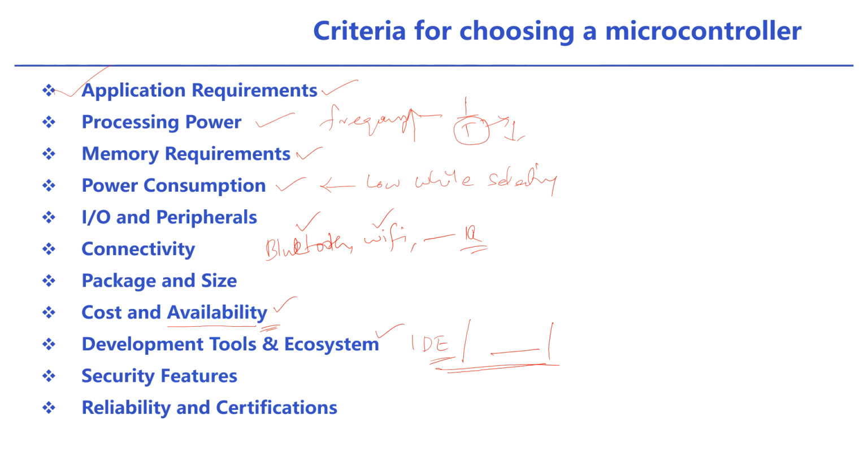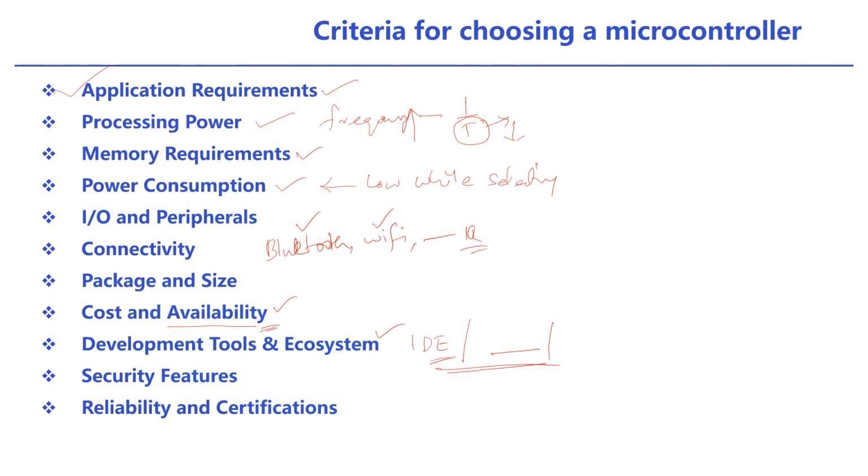This reliability and certification is related to operating conditions, and certification is nothing but how they perform during particular operating conditions. So these are the parameters we need to consider during selection of our controller for a particular application.